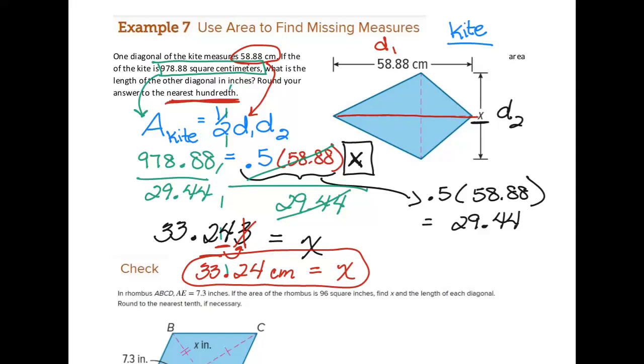Anytime you have centimeters squared or square inches, that is your area. So substitute that for A. 0.5 times the diagonal 1. You have to multiply that so you know what to divide by. 29.44 on both sides. X equals 33.243. Round to the nearest hundredths. Hundredths has 2 zeros. That's 2 decimal places. Any questions about this problem?